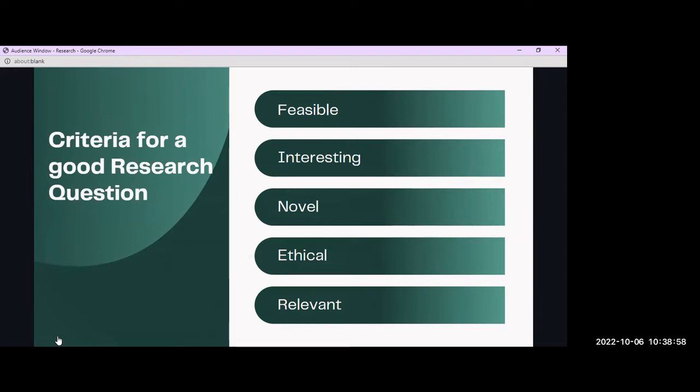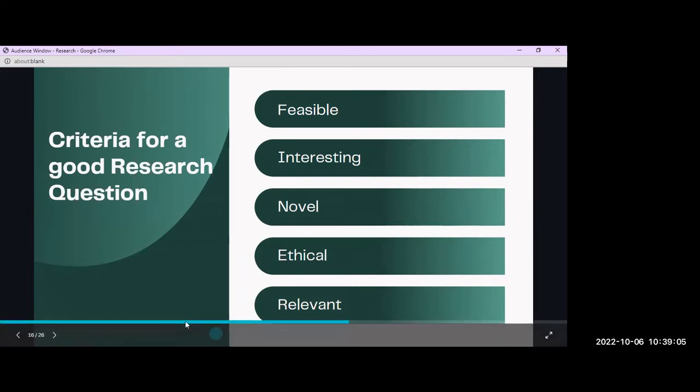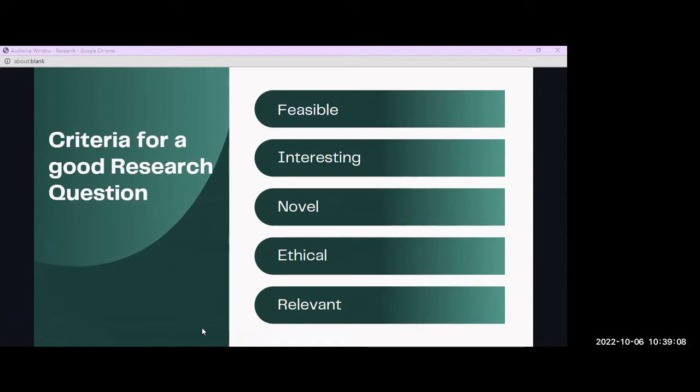We call this one FINER. We have the research must be feasible.